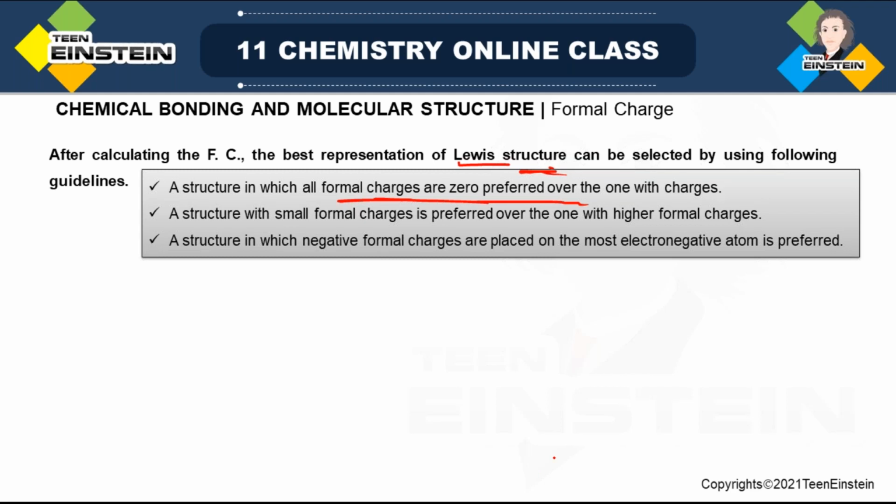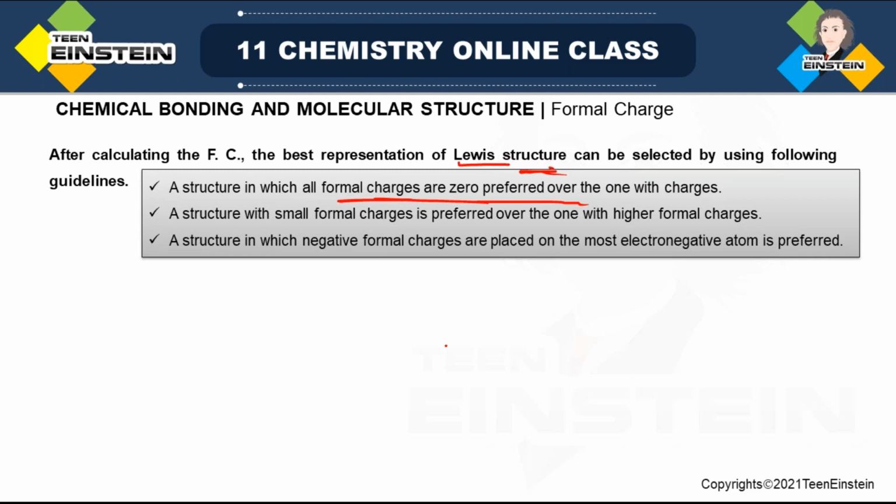And suppose in one structure there is a small formal charge, and in another structure there is a high formal charge, that is -1 over oxygen in one or -2 in the other. Obviously you should prefer the small formal charges. As zero is preferred, after zero, if you cannot avoid charge and have to put charge, then between small charge and high charge, the small one will be preferred.